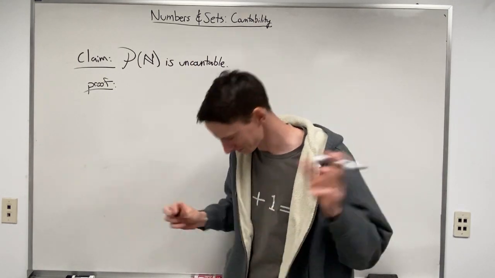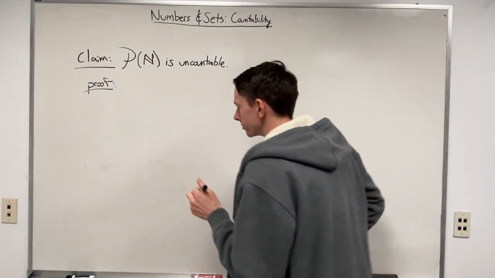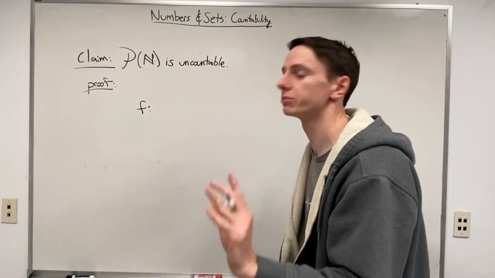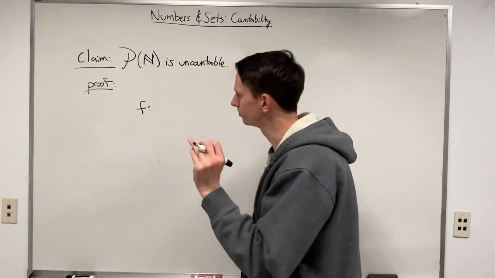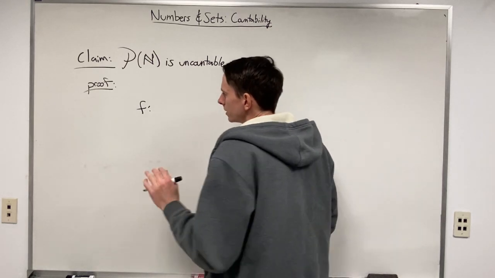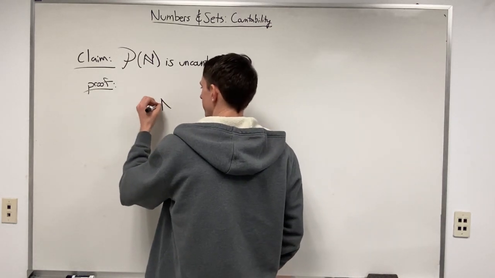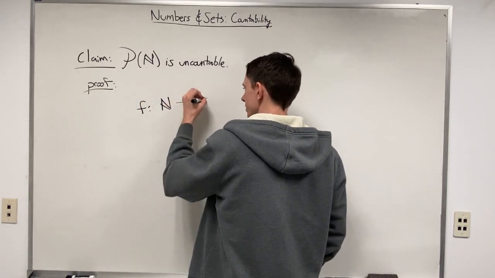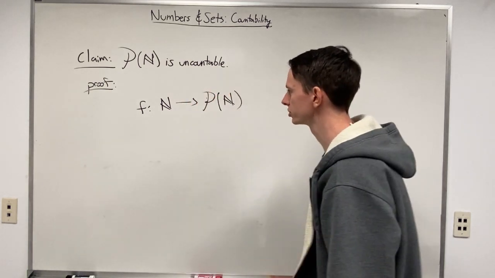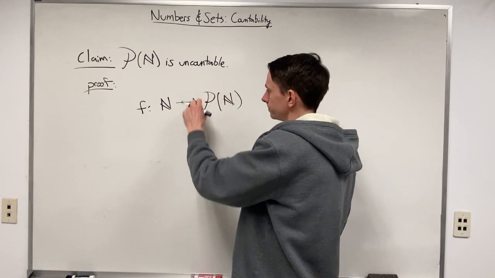How do we do that? Well, here's what we can do. We're going to set up a function. It turns out the proof is actually somewhat short, but it's still a really clever one. We're going to set up a function that goes from the natural numbers into the power set of the natural numbers, and this can be an arbitrary function.